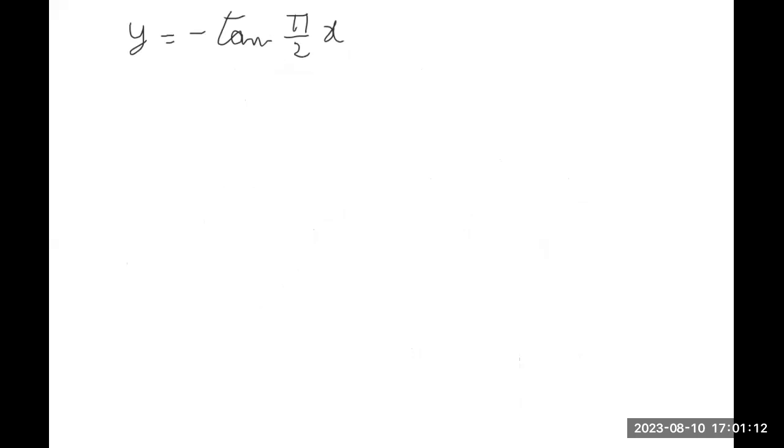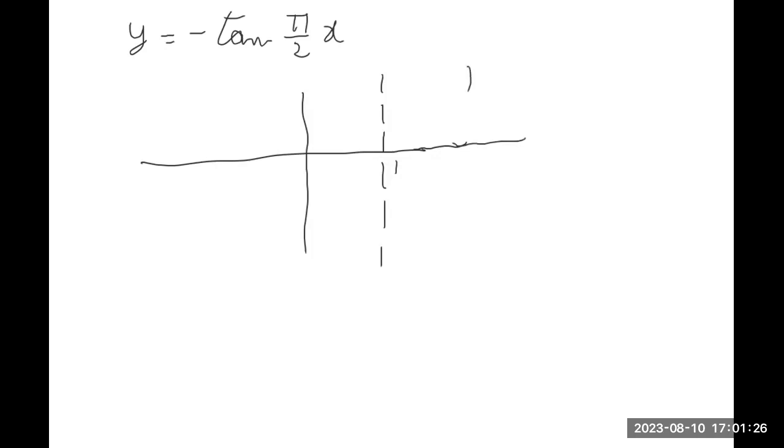So instead of an increasing function, it'll be a decreasing function. You still have the vertical asymptotes at 1, 3, and -1. But the graph will be a decreasing function like that.